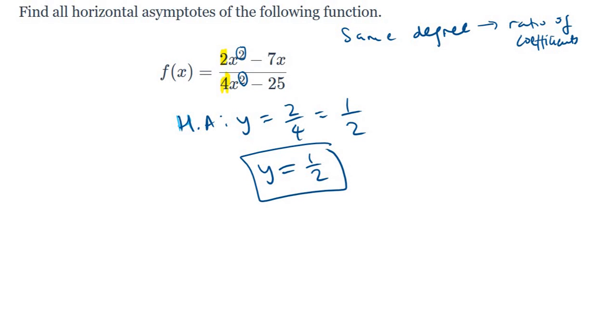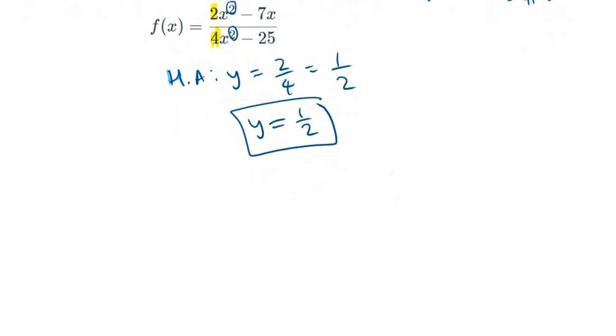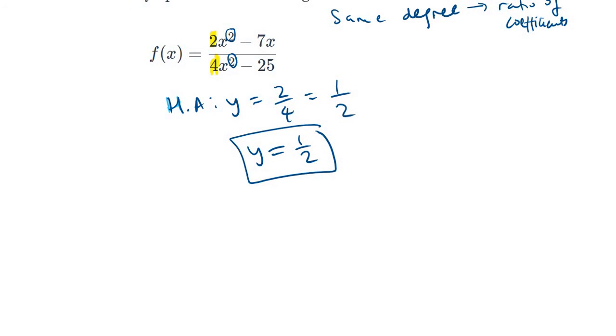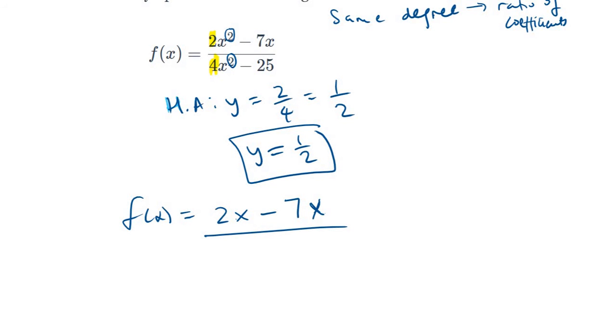All right. What if it was another setup? What if you don't have that, but you have another one like this? f of x equals 2x minus 7x over 4x squared minus 25. Okay, you notice that the degree is 1 here, but the degree is 2 here.